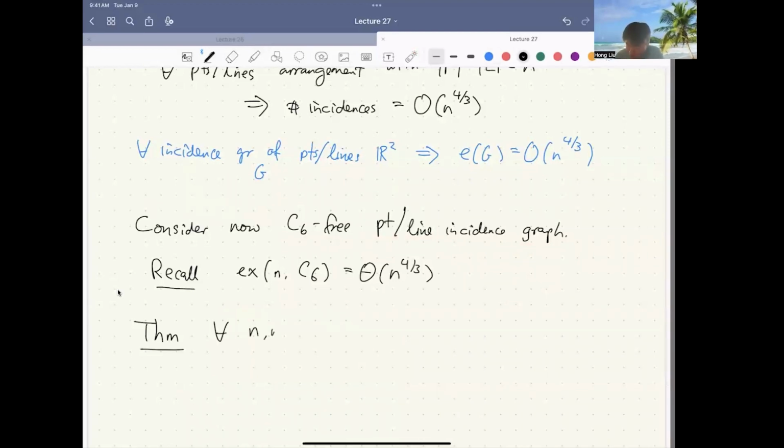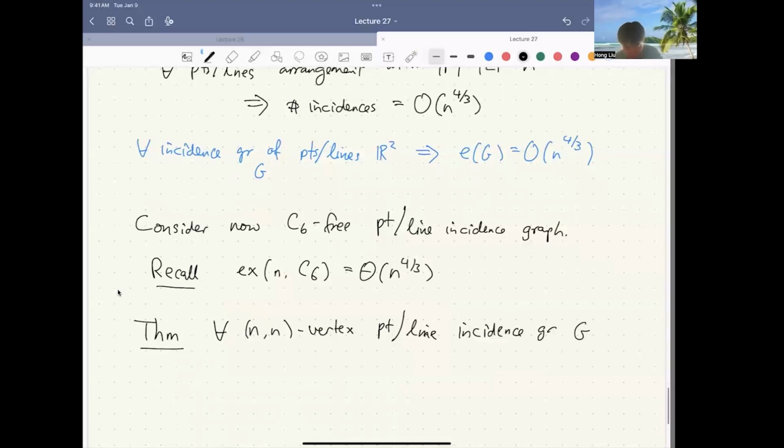For any n-vertex point-line incidence graph G, which just means we have m points and n lines, C6 free will imply that the number of edges will drop from big O of n to the 4/3 to little o.